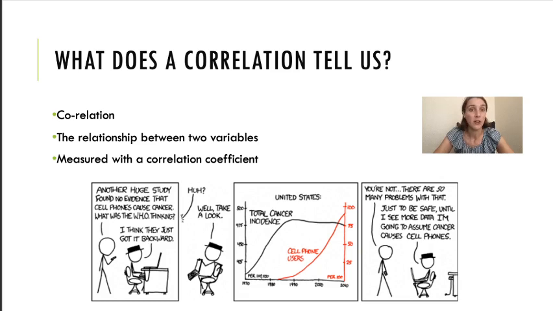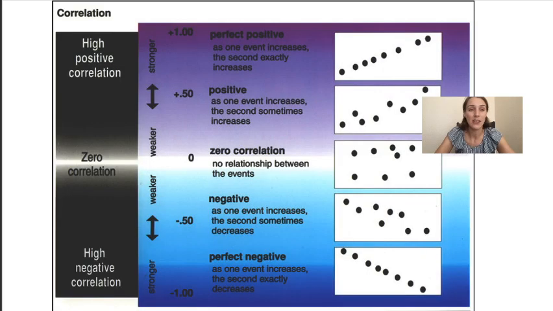And then we see a funny conclusion here that cell phones cause cancer, right? Or cancer causes cell phones. But in reality, we can't make any claim like that because correlation does not imply causation, which might be another little term you've heard before. It just tells us if 2 variables are related and how related they are.